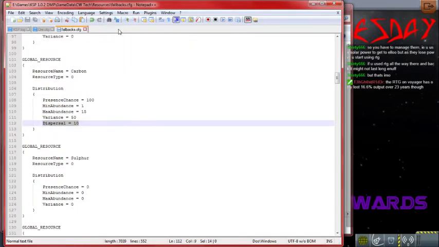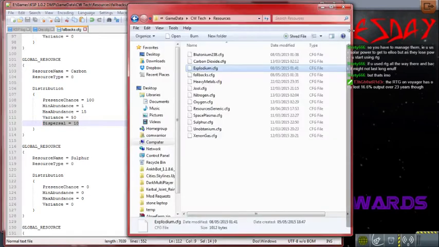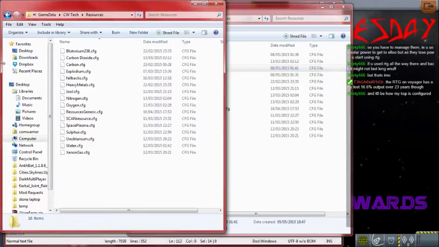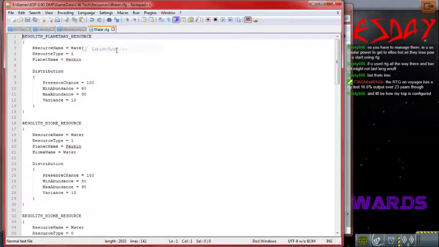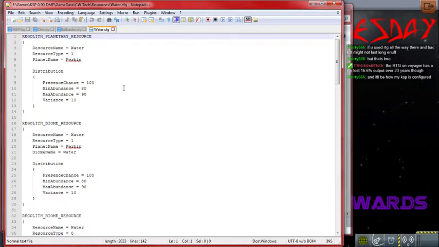So that one can be saved. Now let's have a look at my config for water, wherever it is, which isn't actually in there. Helpful. But it is in this one. So this is my config for water. Bear in mind the global resource disables it.